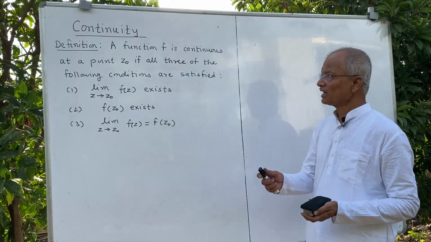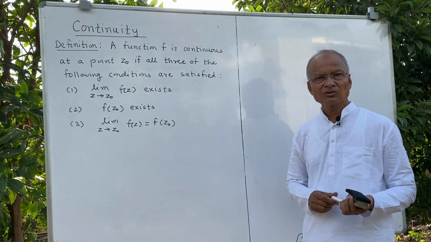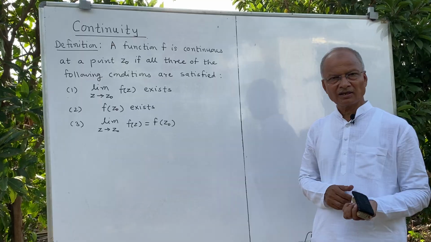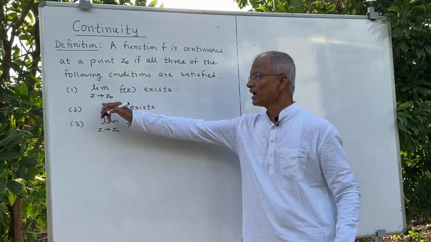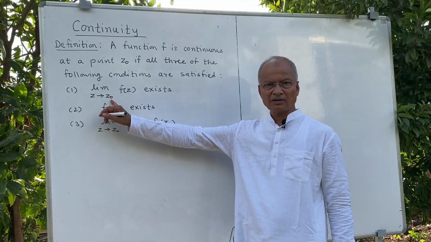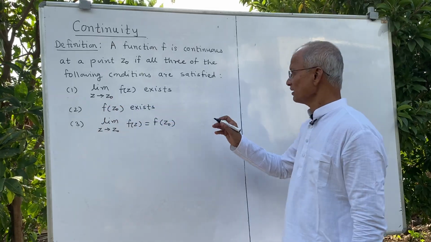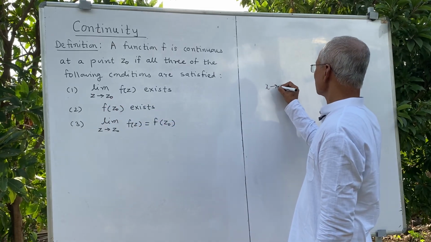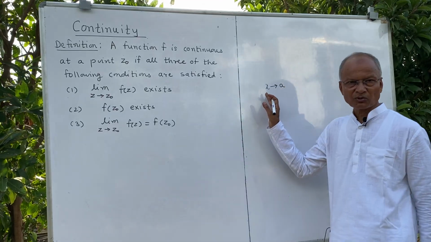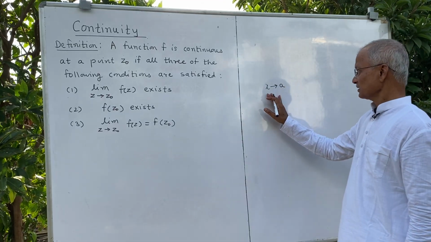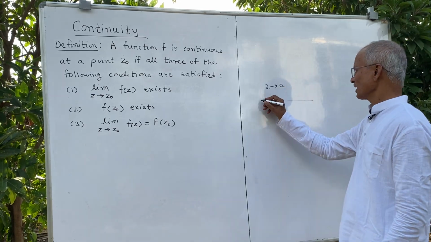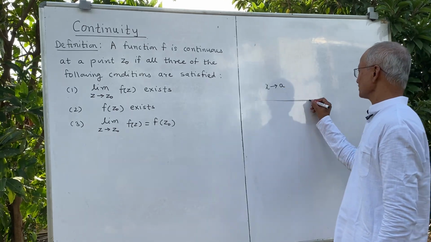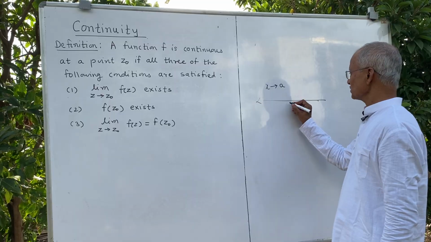This definition I have written is similar to the definition of continuity of a real valued function. The only difference is that here z may approach z naught in different ways. In real variables, if you write x approaches a, then x will approach a from left and from right along a horizontal line, the real line, and this point is a.